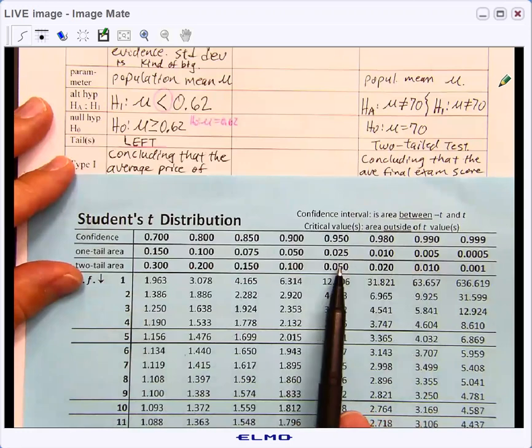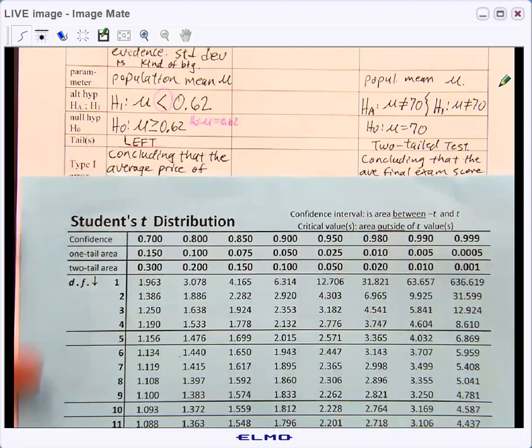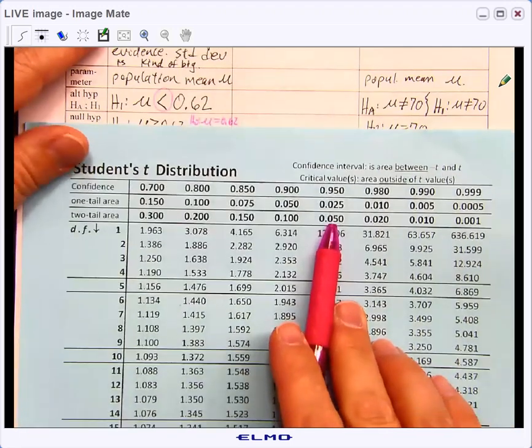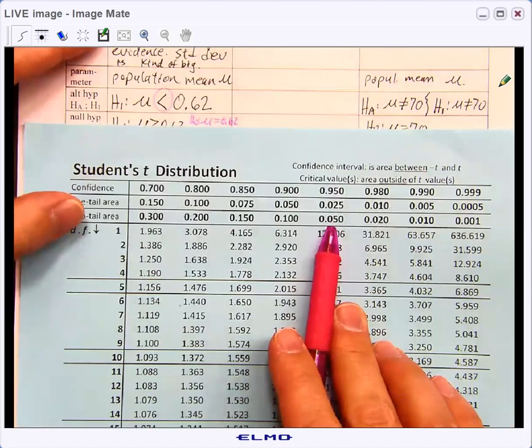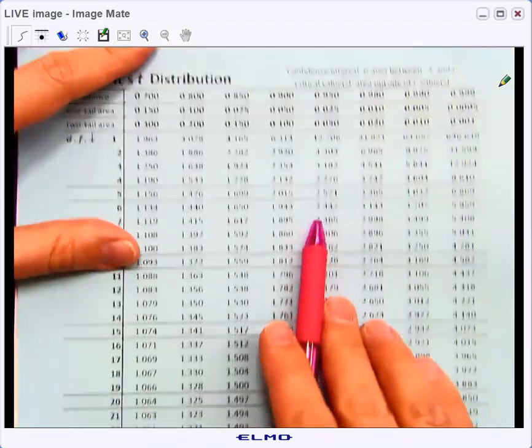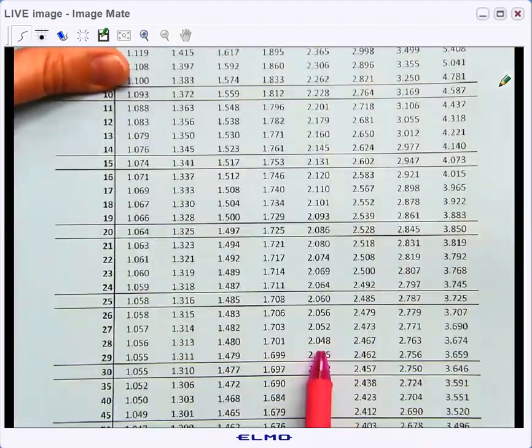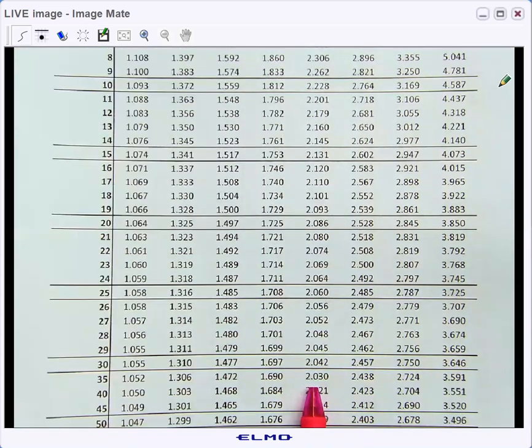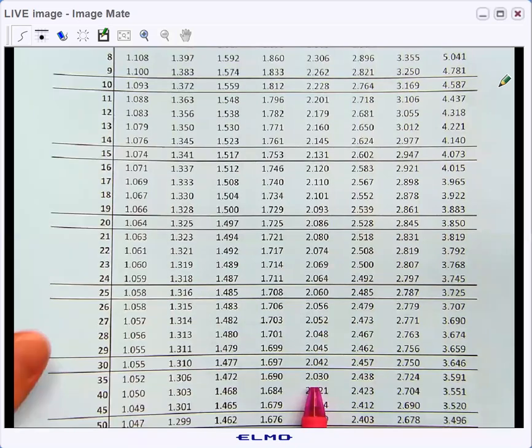And let me tell you that for this problem, let's use a 5% level of significance. So we're going to come down this column, so 5% of the area in two tails, until we hit the 35 row, and that is our critical value of 2.030.